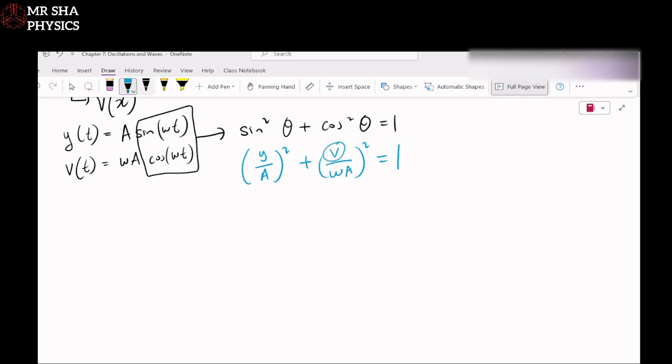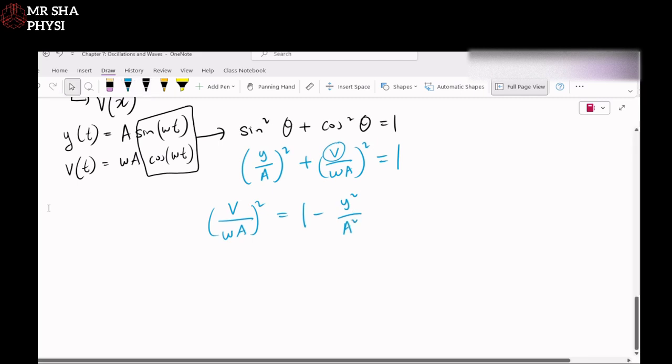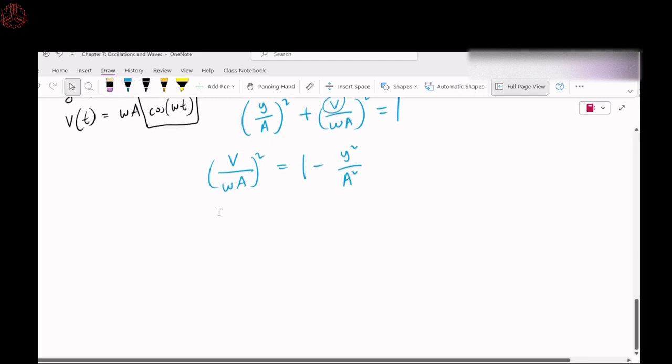Of course, I want v to be the focus, so I can rearrange this. So (v over omega A) squared equals 1 minus y squared over A squared. I can rearrange this to have v equals omega A times the square root of 1 minus y squared over A squared.